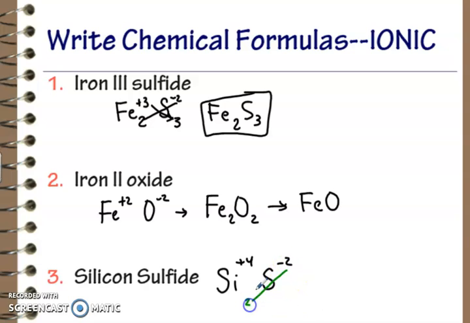This 2 comes down here, the 4 comes down here, and so you got Si2S4. And so now we've got to reduce. There's a 2 to 4 ratio. We need to change it to a 1 to 2 ratio. You can also think of it as divide by the smallest number. And you could divide by 2 if you're having trouble seeing that there's a 1 to 2 ratio. So it's Si, we don't write ones, S and then a 2. So that's how we do these.